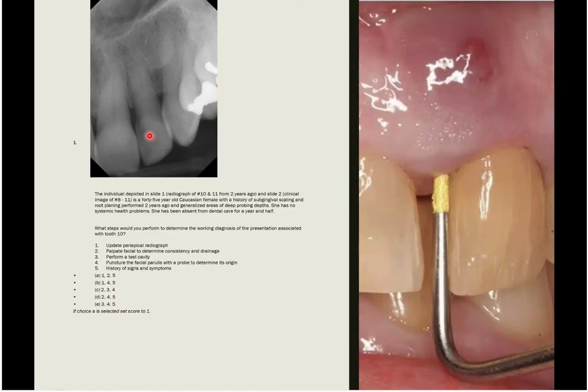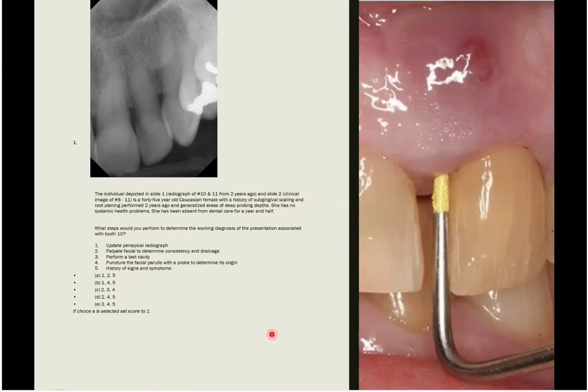And the scenario was the patient was a 45-year-old Caucasian female who had a history of subgingival scaling and root planing 2 years prior, but hasn't been back in a year and a half. So with this presentation, you were asked what the next steps were to determine a diagnosis.